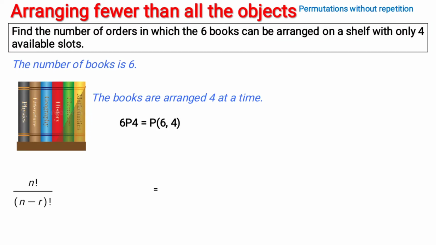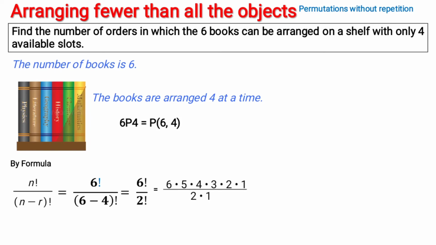Using the formula n factorial over quantity n minus r factorial, we'll end up with 6 factorial over quantity 6 minus 4 factorial, which is equals to 6 factorial over 2 factorial. And then expand 6 factorial to 6 times 5 times 4 times 3 times 2 times 1.